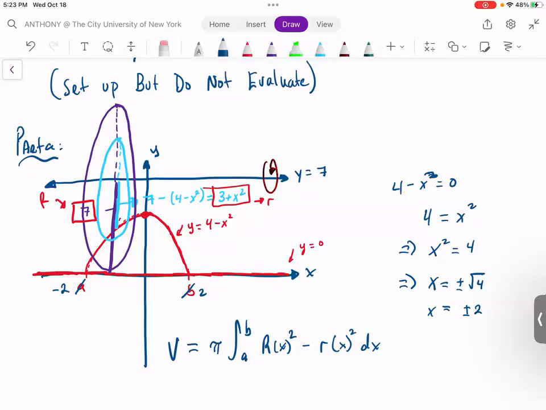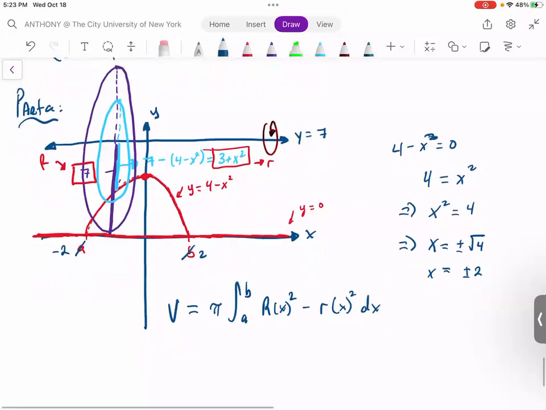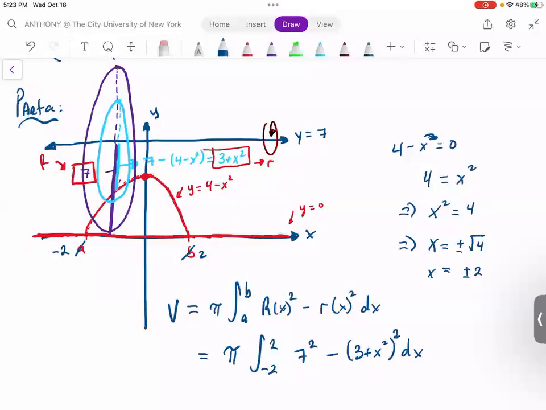The a to b is going to be the points of intersection of the region, which was drawn in red. That was y equals 4 minus x squared and y equals 0. So you'll get pi times the integral from -2 to 2 of 7 squared minus (3 plus x squared) squared dx. And that will be it for part A.